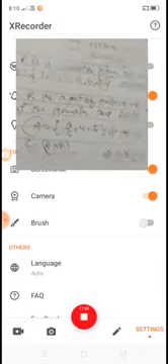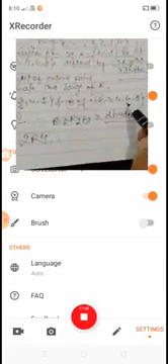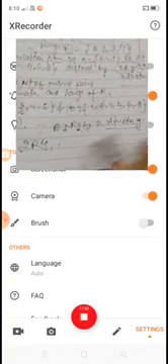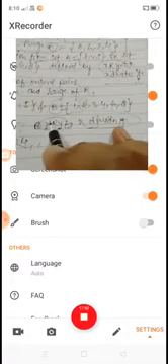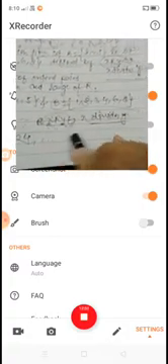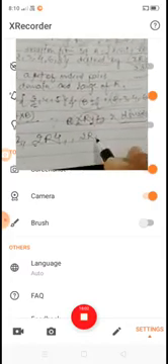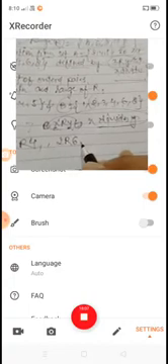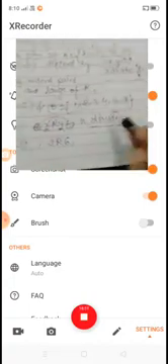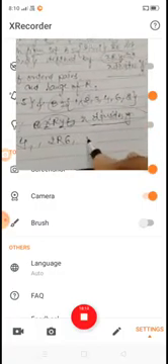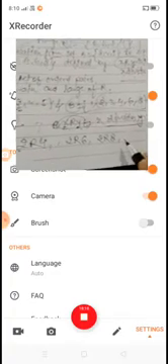Now 2 also divides 6, so we write 2 related to 6, and also 2 divides 8, so we write 2 related to 8.